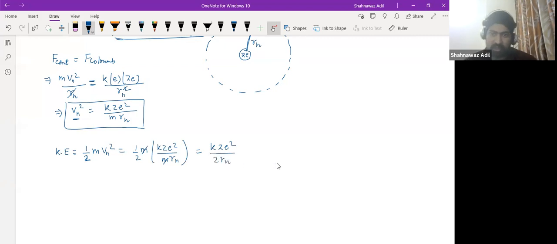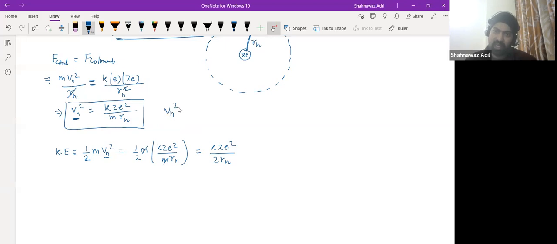Wouldn't it be the whole raised to 2? Yeah, the whole square. Because you see that we have directly calculated Vn square. We didn't calculate this Vn, right?